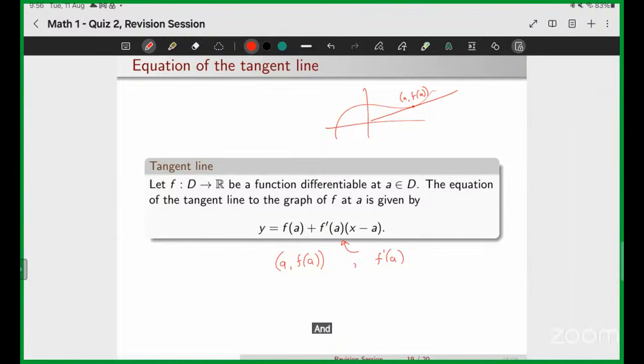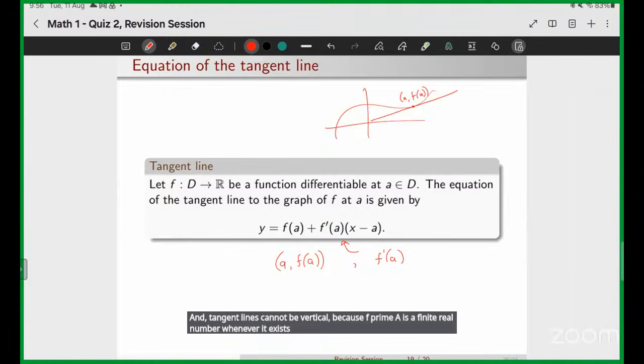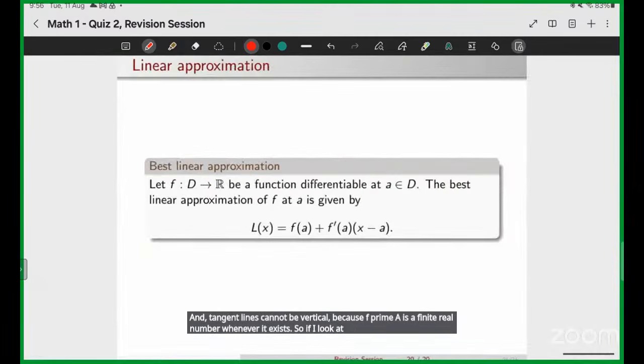And if I look at the corresponding function, a straight line, as long as it's not vertical, and tangent lines cannot be vertical because f prime a is a finite real number whenever it exists, that is what is called the best linear approximation.